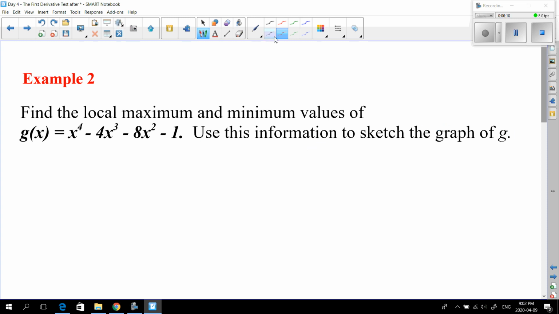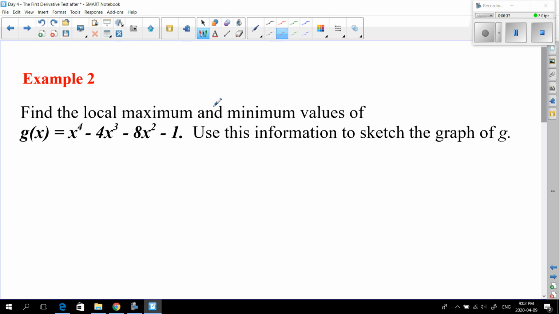Now, we can make a fairly good sketch of this graph, but keep in mind it wouldn't be as detailed as what we went into in pre-calculus 12b. I'm not really going to focus so much on the actual sketch as more, really what we want to drive home in this tutorial is how the first derivative test works and how we can locate our local maximums and minimums. But I'll show you what the curve looks like afterwards.